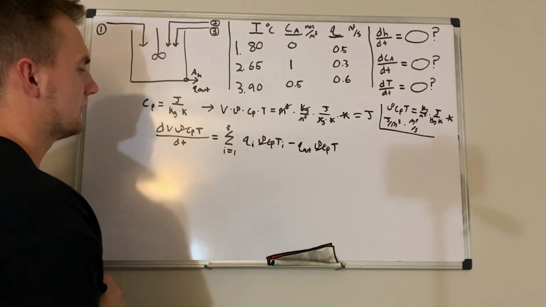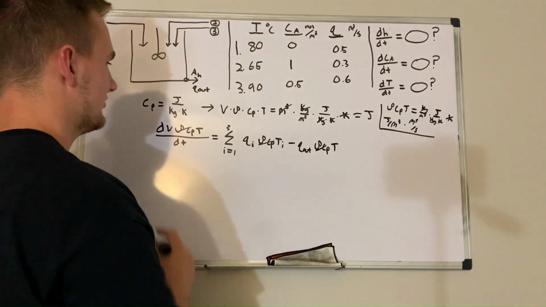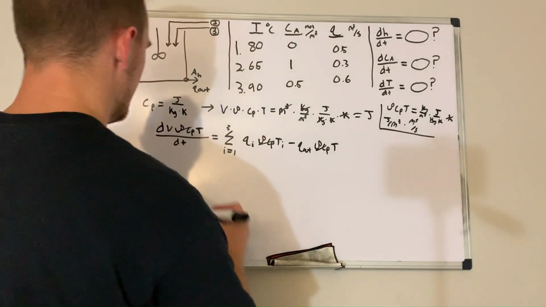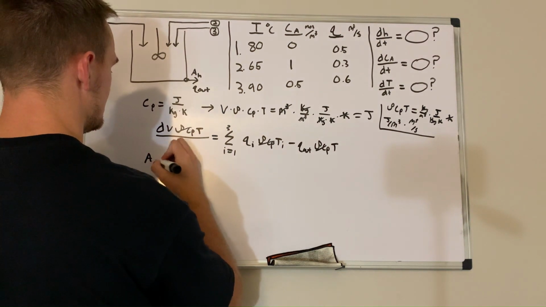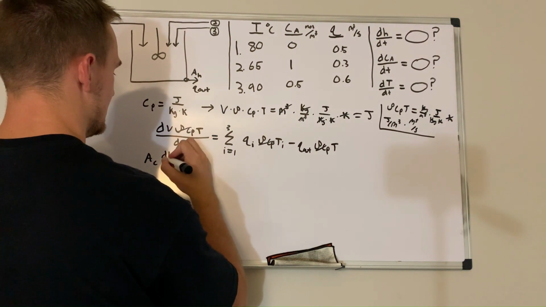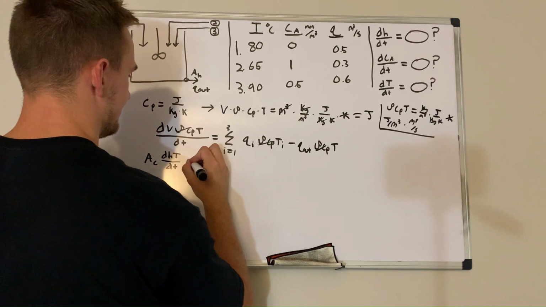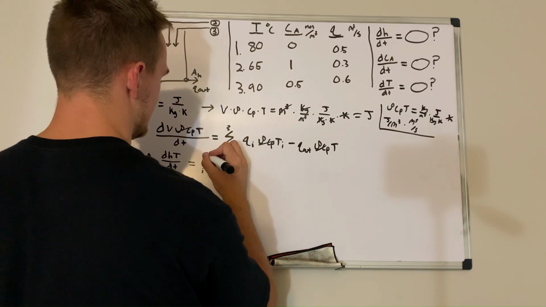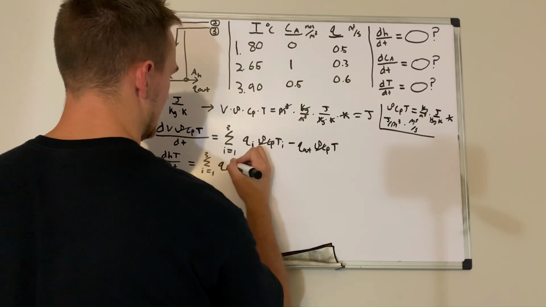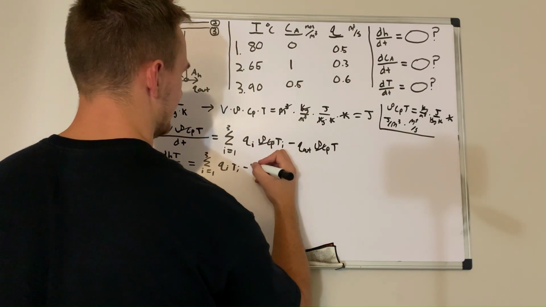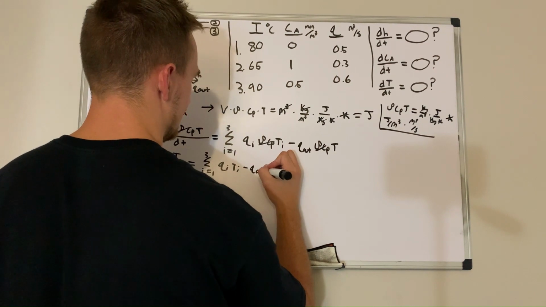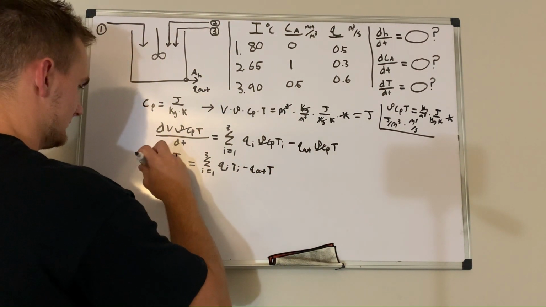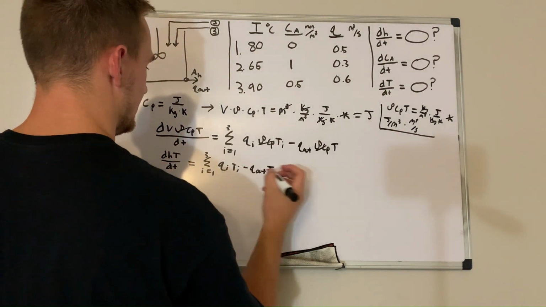Also, we can change our volume here to the cross-sectional area times the height. So we have AC d(HT) over dt is equal to the summation of i equals 1 to 3 Qi Ti minus Q out T. Actually, I'm just going to go ahead and divide over this cross-sectional area here.